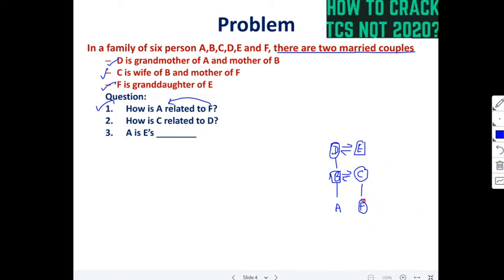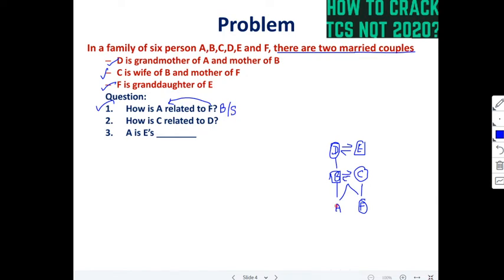So how is A related to F? A and F are children of B and C. Is that clear? F is C's daughter and A is B's child, and B and C are a couple. Then automatically these two are siblings. Since F is a female and we don't know whether A is male or female, we can write it as brother or sister.